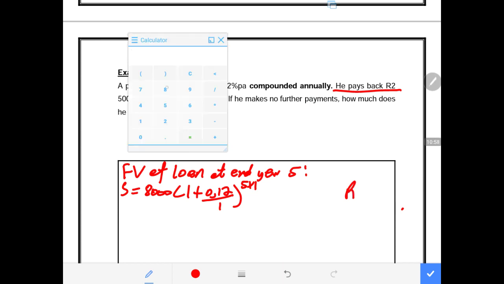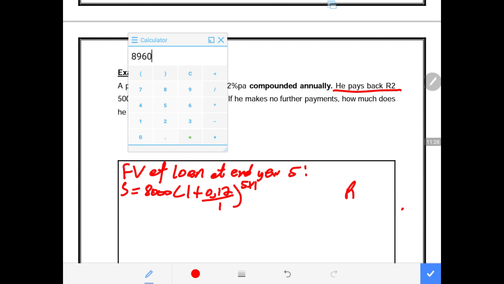So now we say 8,000 times, open brackets, 1 plus 0.12 divided by 1, close brackets, equals, but we still need to take into account the power.